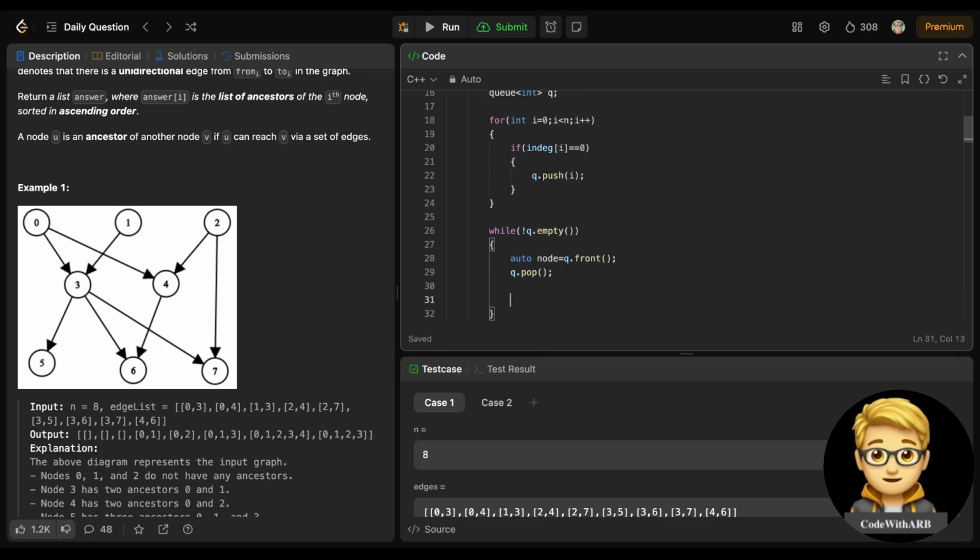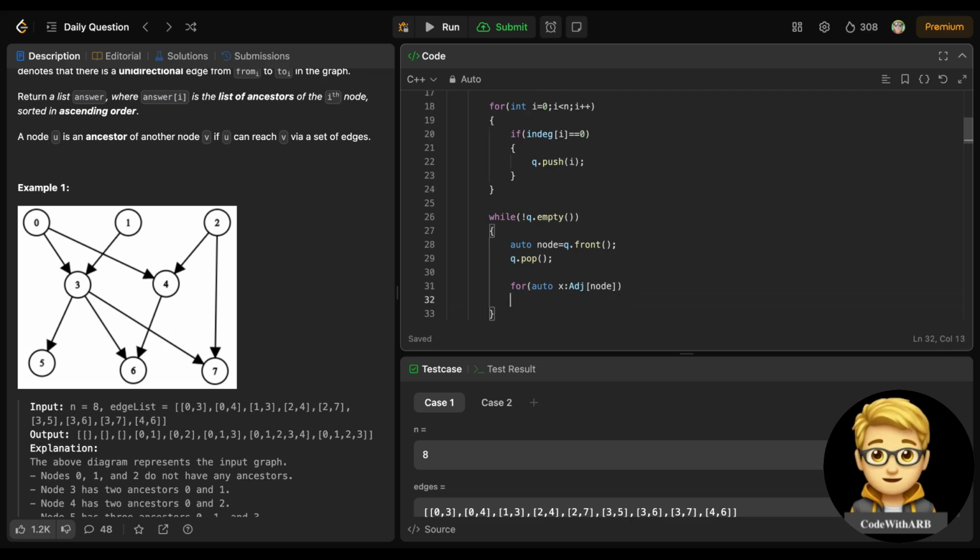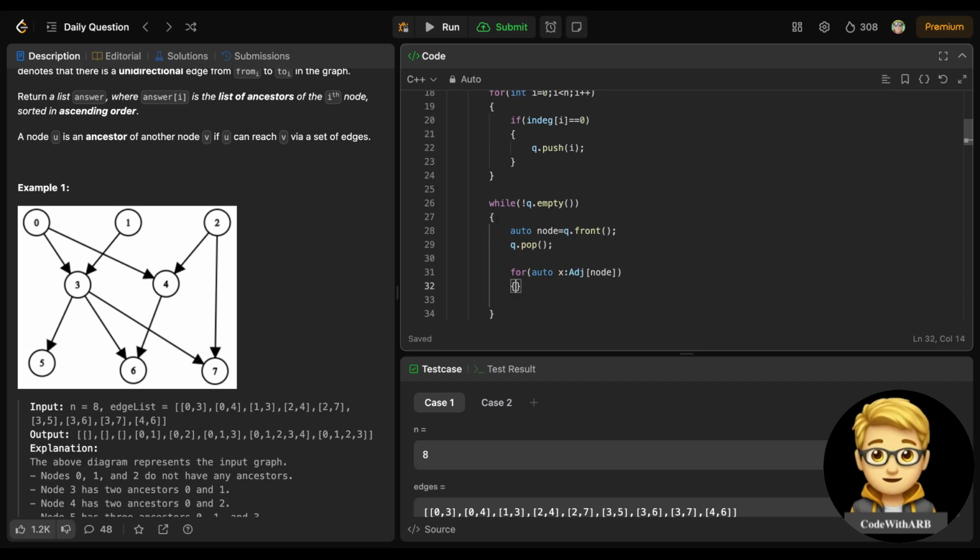One thing here is that when we are moving, we will move through the adjacent nodes.